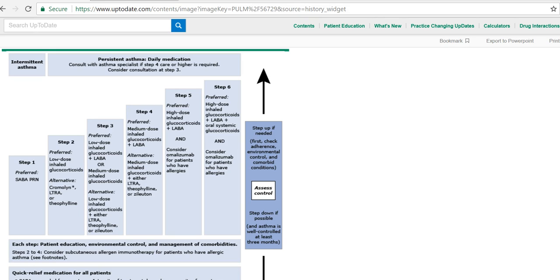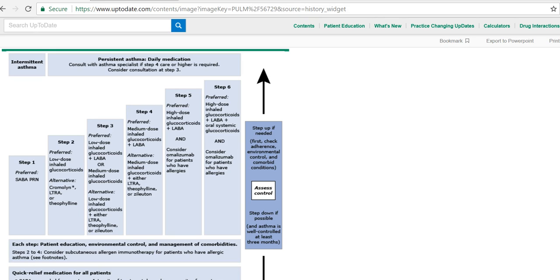So if we have to get into step 3, now we're dealing with moderate persistent asthma. Those patients have their albuterol. I forgot to mention that.